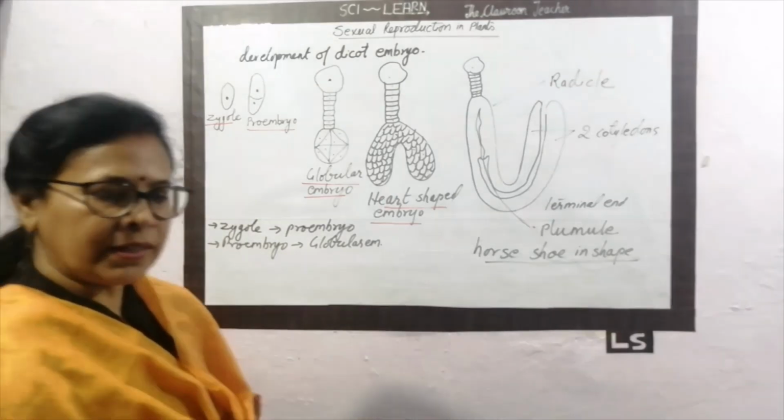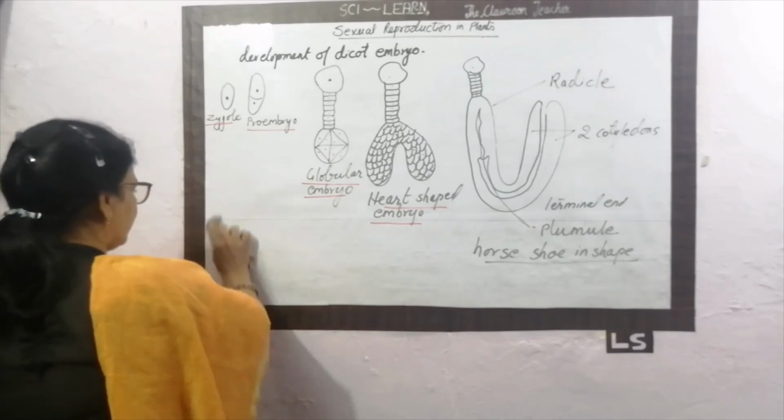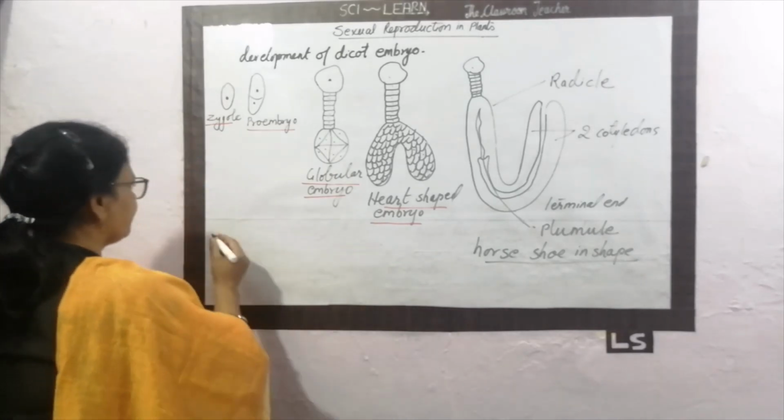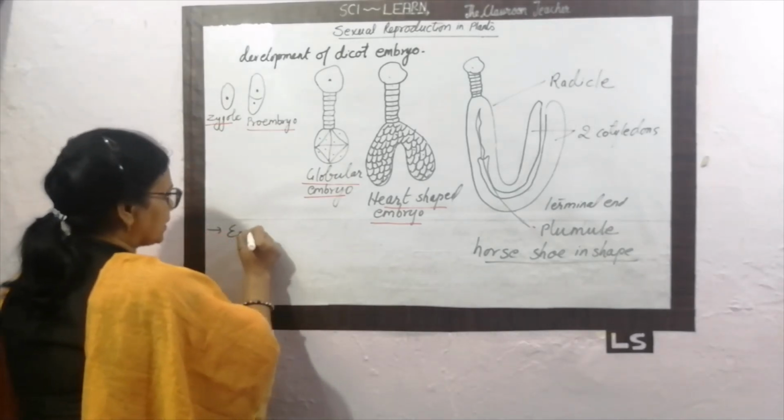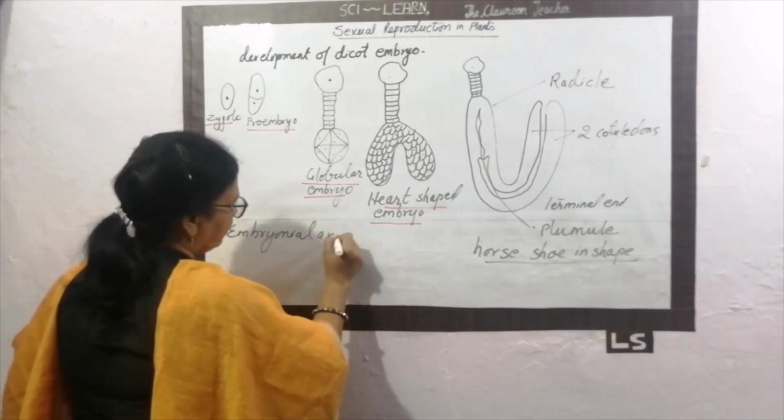Up to this, the process is the same in monocot and dicot. So we have to take the separate process that is going on here. The embryonal axis is developed.